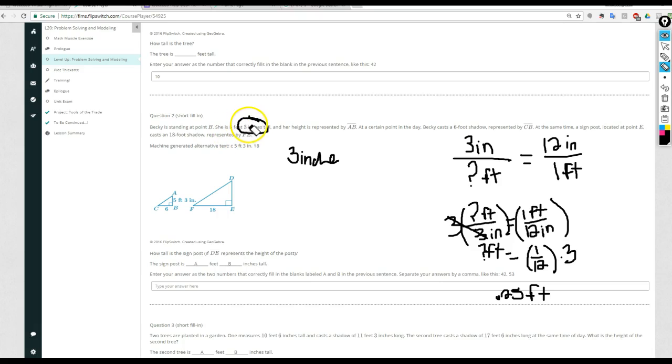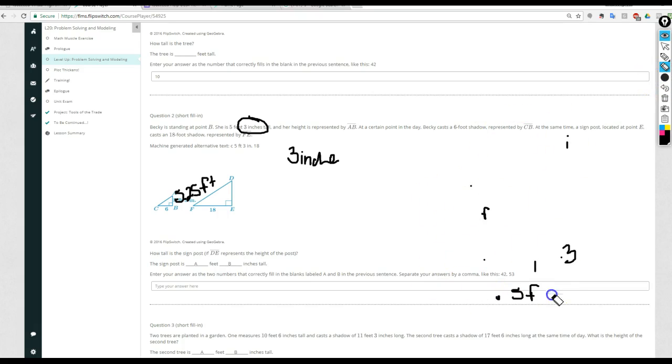So she is 5.25 feet. We need to make sure that we are in all of the same units. That's how you would get 3 inches into feet.